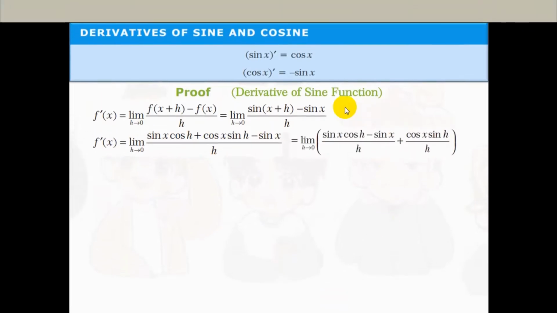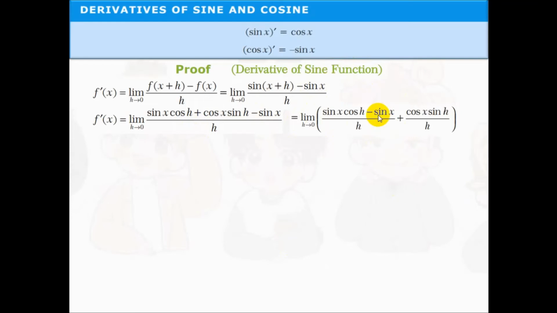Then we can separate it into sine x times cos h minus sine x over h, plus cos x times sine h over h. So we get the form sine x times (cos h minus 1 over h) plus cos x times (sine h over h).